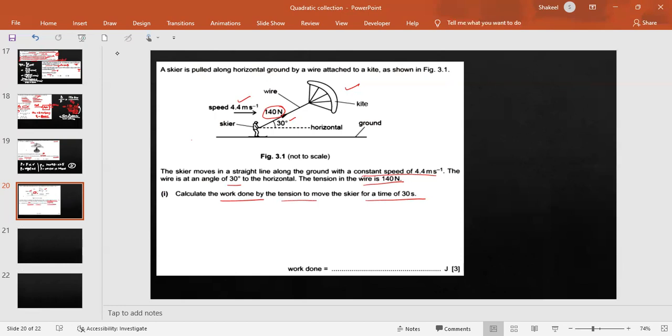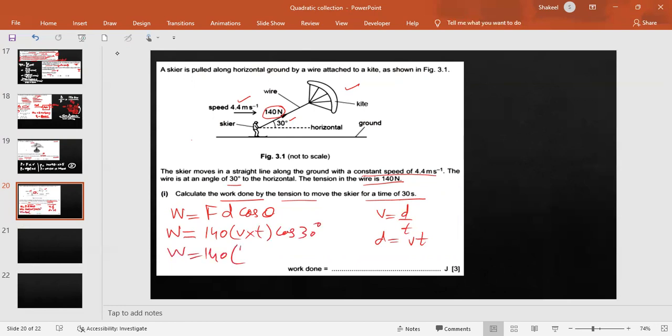Okay. So, well, work is F d cos theta. How much is F? Well, F is of course 140. How much is the distance? Well, speed is distance over time, so distance is speed into time. So for distance, we'll write speed into time, and the angle is 30 degrees. How much is speed? 4.4.